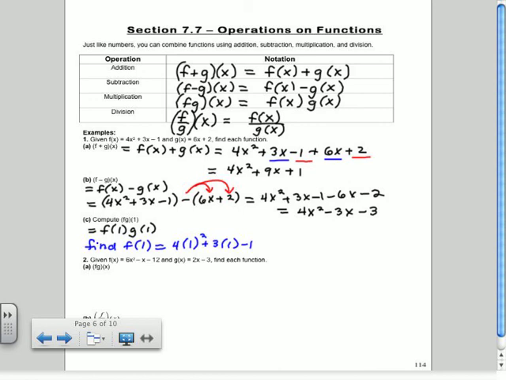So when I do that, I get 1 squared is 1 times 4, so 4, plus 3 minus 1, so 7 minus 1 is 6. And then I find g of 1. So g of 1 is just plug it into the g function, so 6 times 1 plus 2, so we get 8. So all I'm asking is to find f of 1 and multiply it by g of 1, so it's just 6 times 8. So it's 48. Okay, I think that's a lot easier than multiplying polynomials.